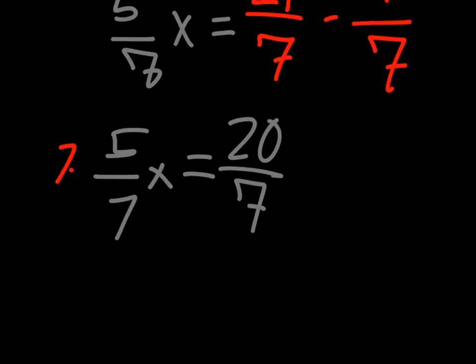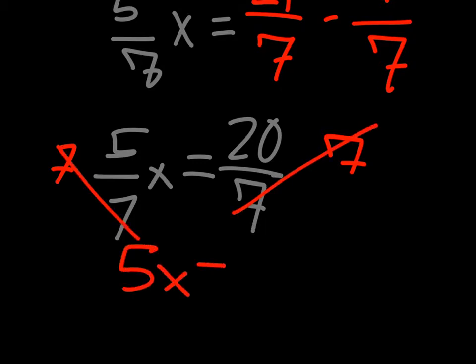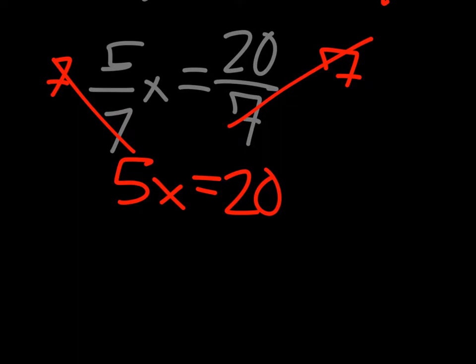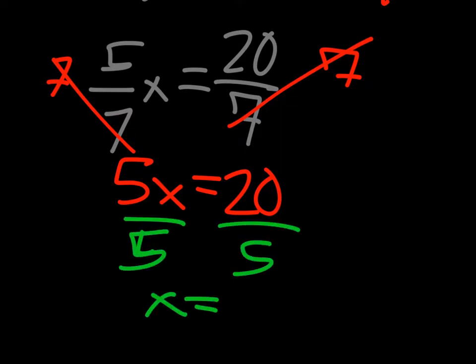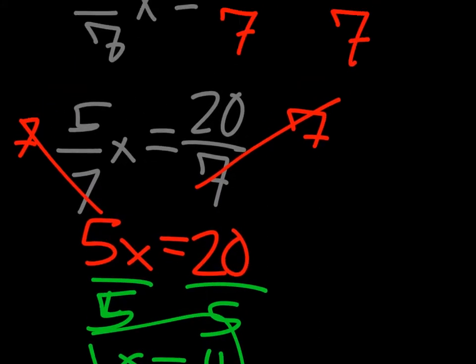Multiply by 7 on both sides. Guess what? It goes away on both sides. 5x equals 20. Therefore, another step would be divide by 5 on both sides. x equals 4. Bang. There you go.